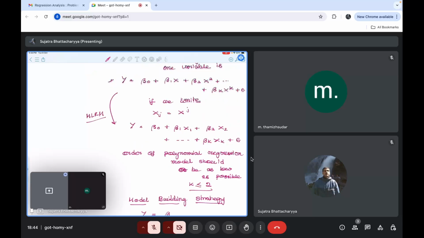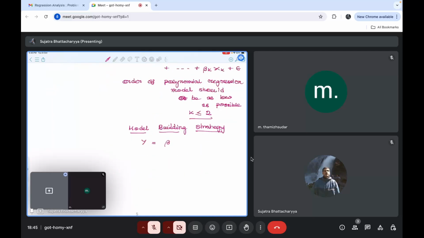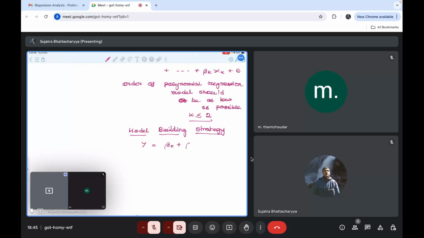Of course, whenever you have data, you always plot a scatter plot between x and y and see how the relationship looks. Because it's a single regressor variable, you can always plot it and see. When you have plotted, you first fit a simple linear regression model, that is beta naught plus beta 1 x plus epsilon. Once you have fit it, check the significance of the highest order term.